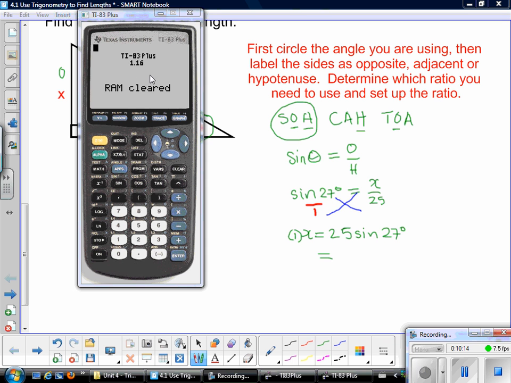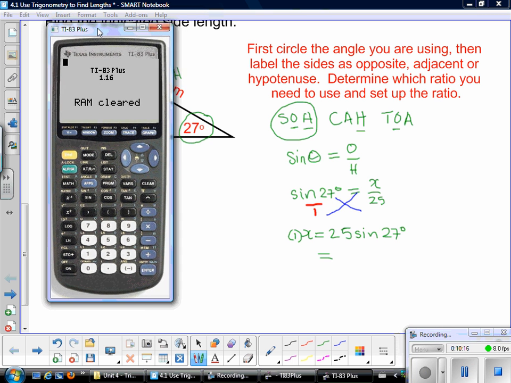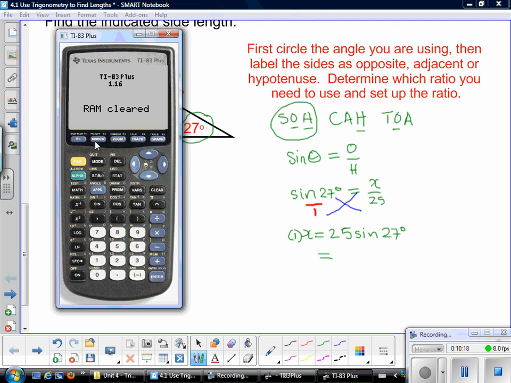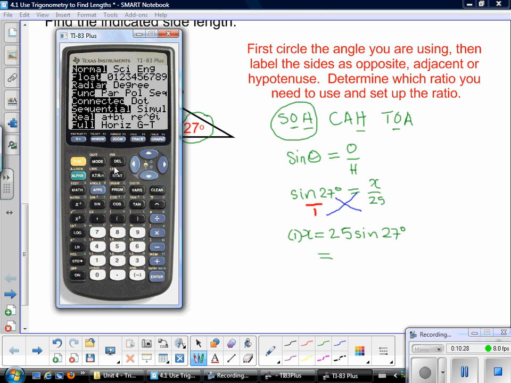Now you can see I brought up a graphing calculator, and the reason I did that is sometimes you guys use my graphing calculator and it won't give you the right answer. The reason being is, yes, I've got everything cleared, the memory cleared, but the mode of my calculator is not set to degrees. So in the graphing calculator, I actually have to go and set it like this to make it work. So it's really important that you have your calculator set to degrees.